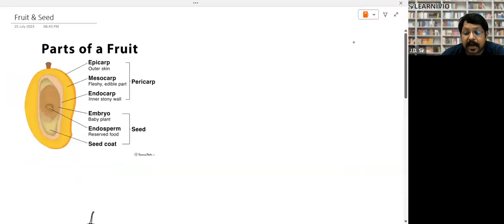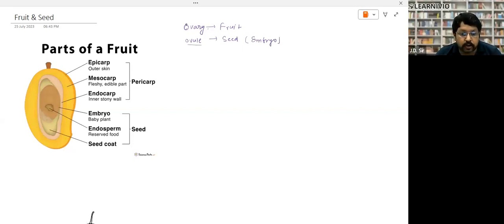In the last class and the class before, I told you multiple times that the ovary develops into the fruit, and the ovules inside the ovary develop into seeds. Inside the seed there is an embryo which will germinate and give rise to a new plant.